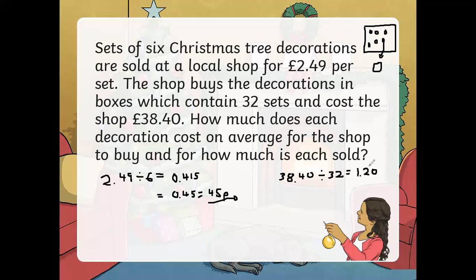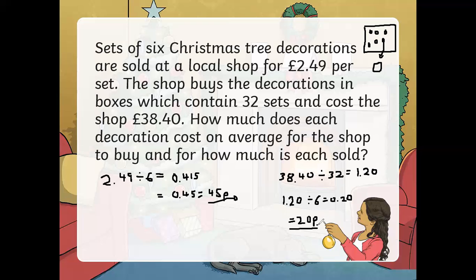£1.20. And then we do the same thing that we did here. So we take the total cost or price of the set, and we divide it by 6 to find out how much the decoration costs inside the set. Divide this by 6, and then we get 0.20 pounds, which is the same as 20p.